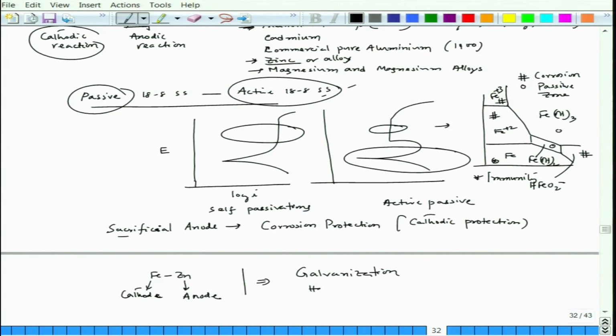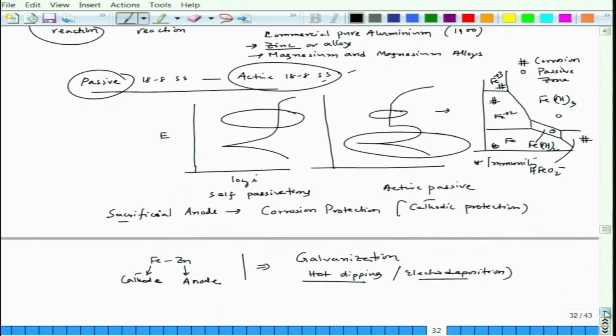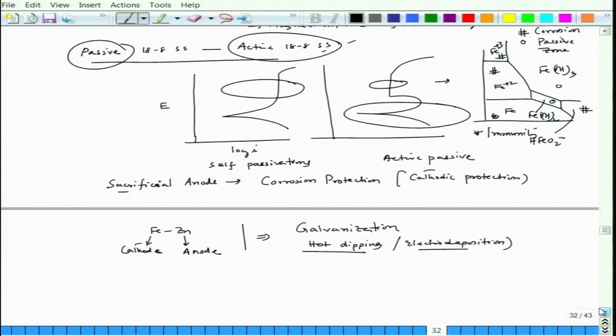We do hot dipping or electrodeposition. Okay. So, we can have a steel plate or sheet, and on top of that a zinc layer, and that is nothing but a galvanic coating.